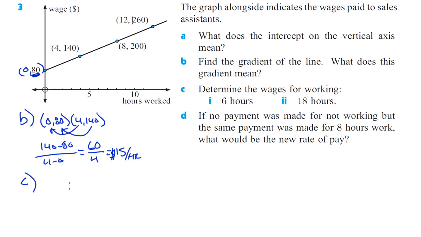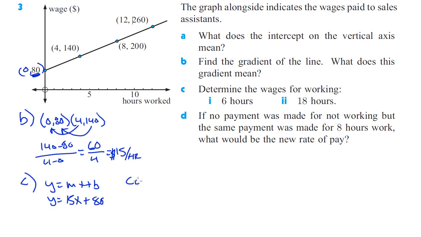So part C, we've got the equation of the line, y equals mx plus b, right? We just figured out that the slope is 15, so it's 15x. And b is the y-intercept, and that is our 80. So there's our equation. Now we can just start plugging these in.